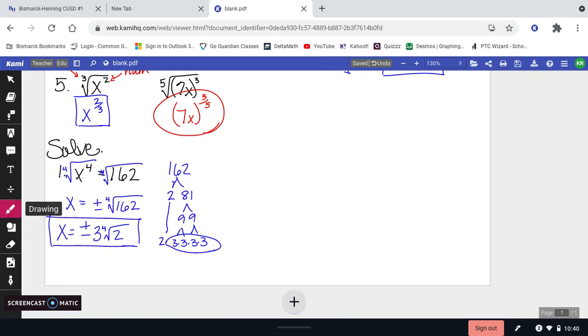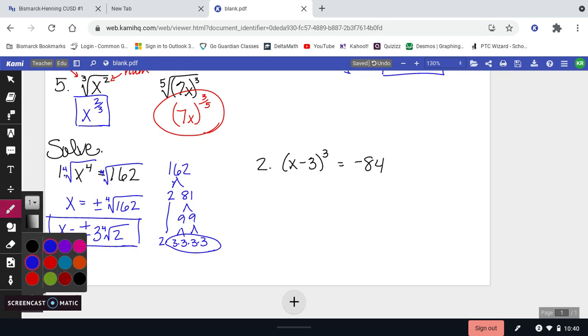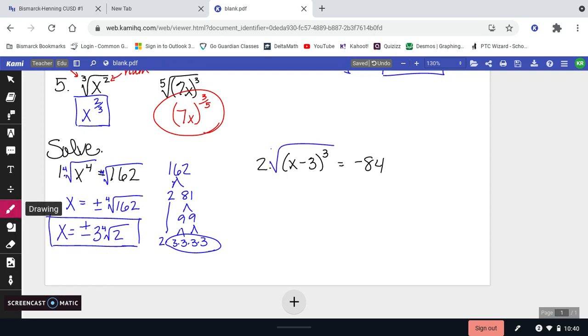Let's do another one. This time, let's do x minus 3, cubed, equals negative 84. So we're going to take the cube root of both sides.